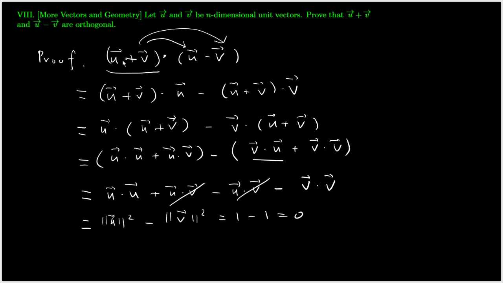On the far left, you have the dot product. We have proved the dot product is equal to 0. That's why the two vectors are perpendicular, are orthogonal.